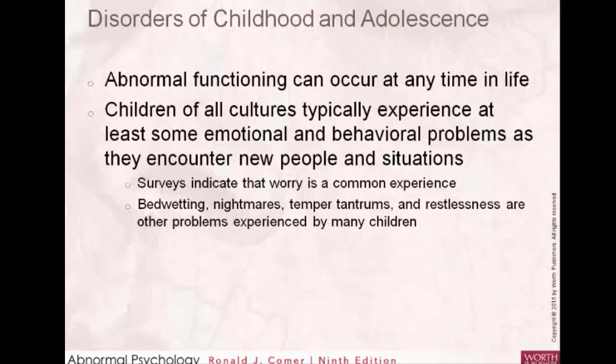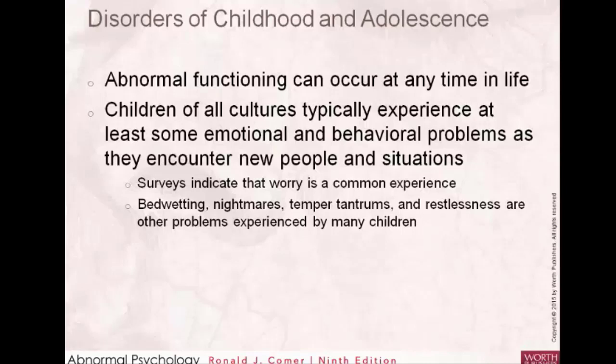However, we know that issues can come up during childhood, and today we're going to be talking about some disorders that only seem to occur during childhood, but we're also going to talk about some disorders that have adult forms as well, that usually manifest in adults, but that could potentially happen in children.